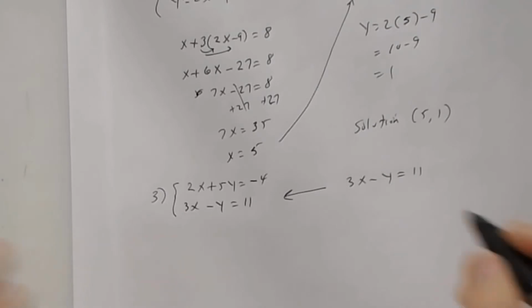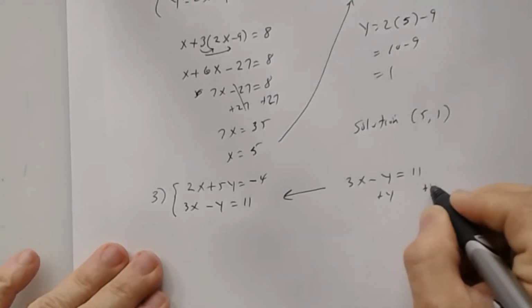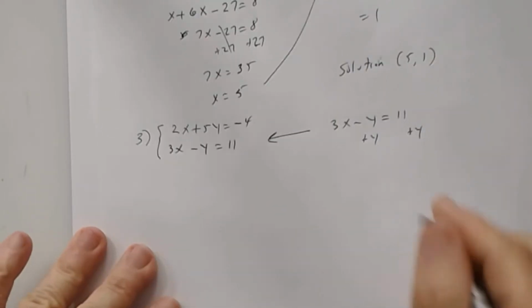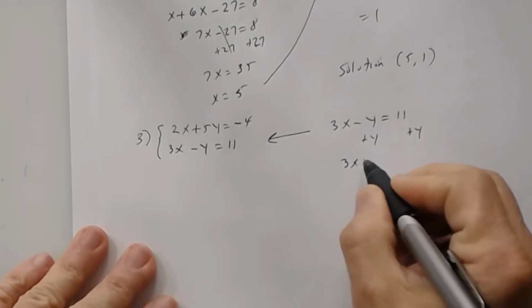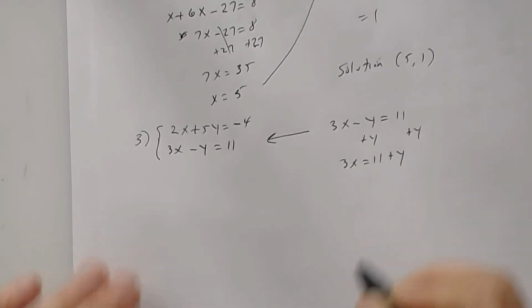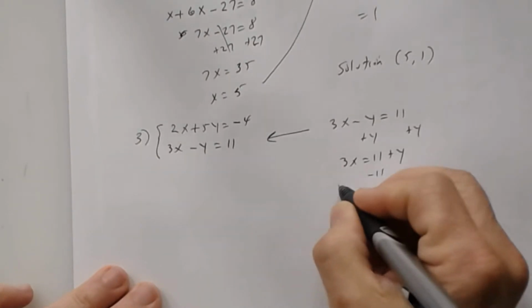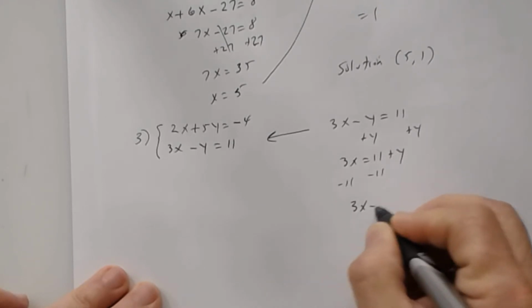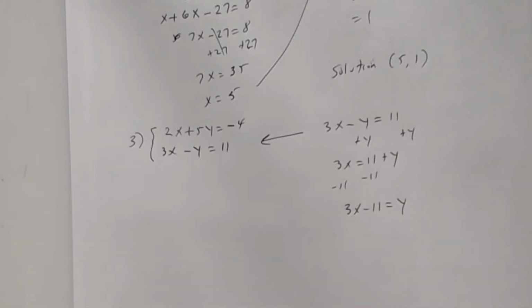That is logically correct. You get a positive y right away. So I get 3x equals 11 plus y, right? But I haven't got y by itself, but I'm almost there. What's the next step? Subtract 11. So I get 3x minus 11 equals y.